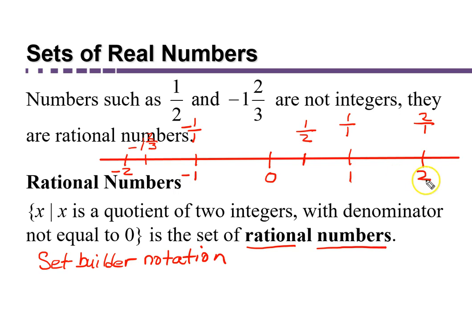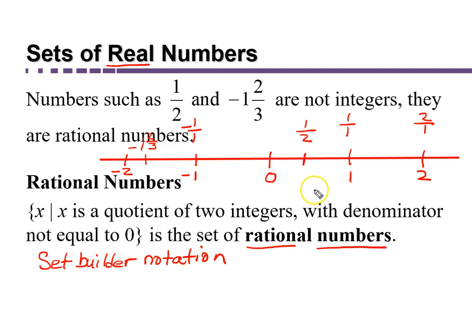So all whole numbers could be written over 1. So all whole numbers are rational numbers, and as is the natural or counting numbers that we mentioned earlier. So we're building up our definitions of sets of real numbers.